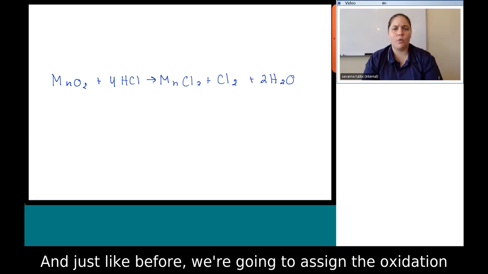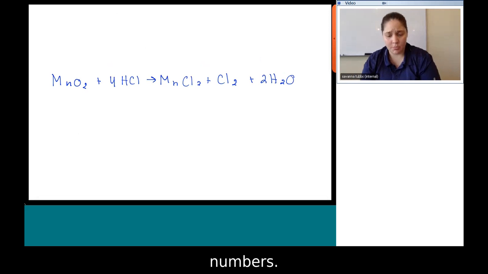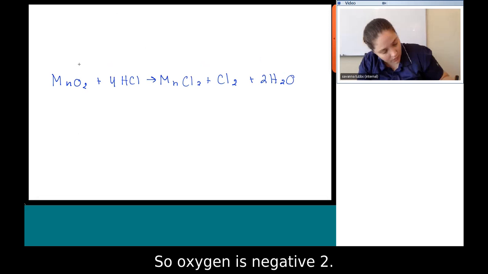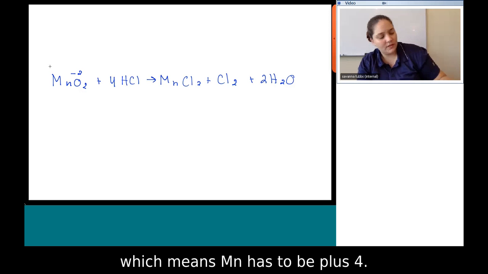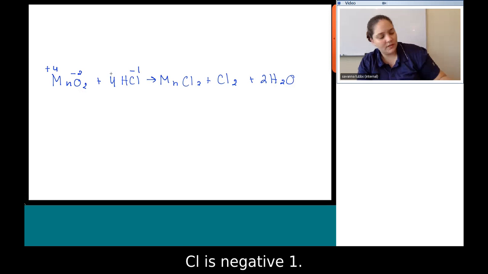Let's write all that out again. And just like before, we're going to assign the oxidation numbers. Oxygen is -2. We have 2 of them, so that gives us -4, which means Mn has to be +4. Cl is -1, H is +1.